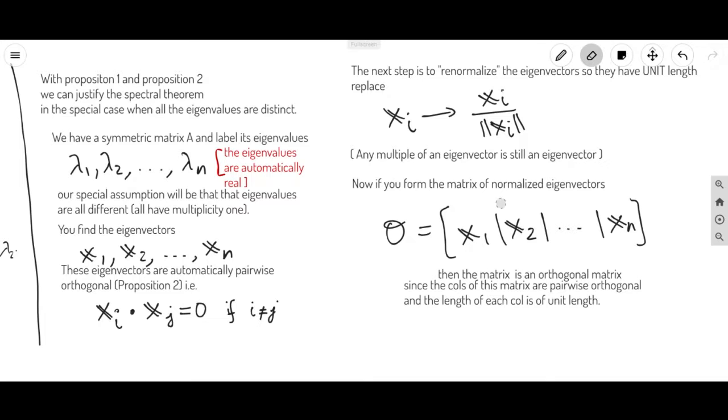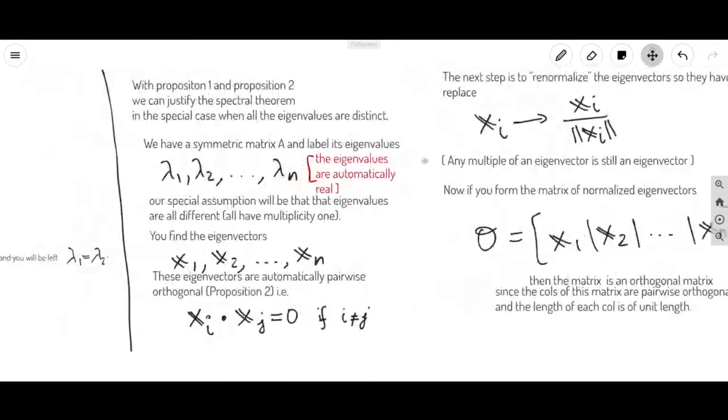The easier way is to take the columns of the matrix, or the rows as well, but in this case let's do it with the columns. You take the dot product between any two columns. If the dot product between any two columns is 0, then you have an orthogonal matrix. And then you also have to check that the length of each column is 1. So that's how you check if you have an orthogonal matrix.